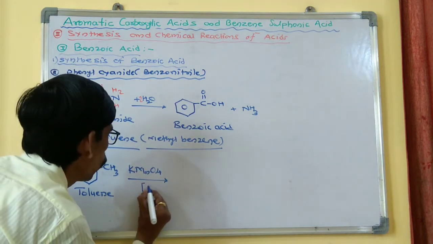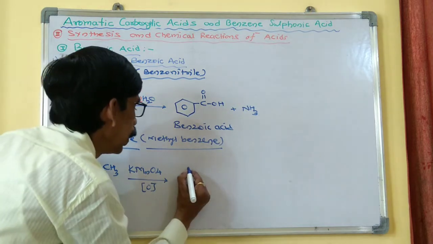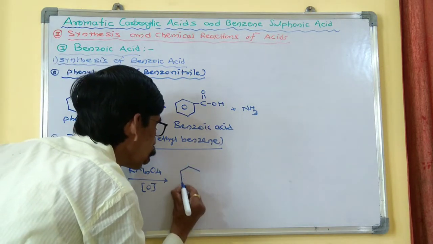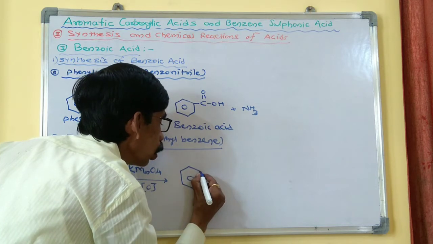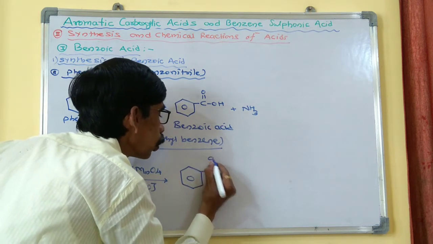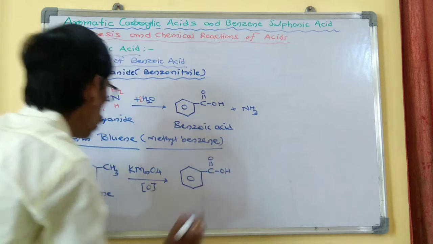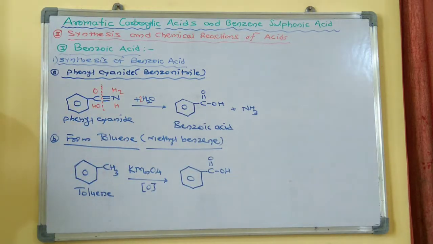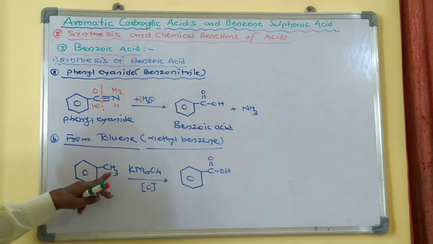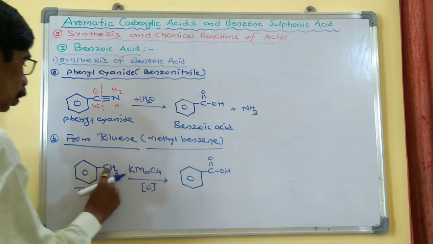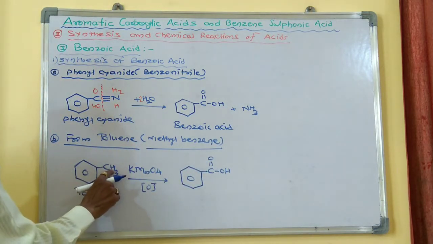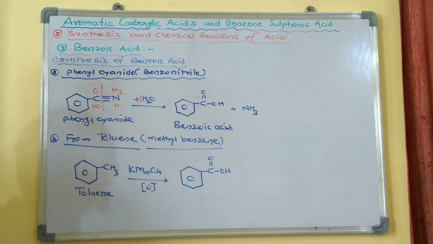and there is addition of oxygen atoms. It gives benzoic acid. So this CH3 group is converted into COOH. How many oxygen atoms are required for this conversion of CH3 group to COOH group? Two oxygen atoms are added to this carbon atom and two hydrogens are removed.